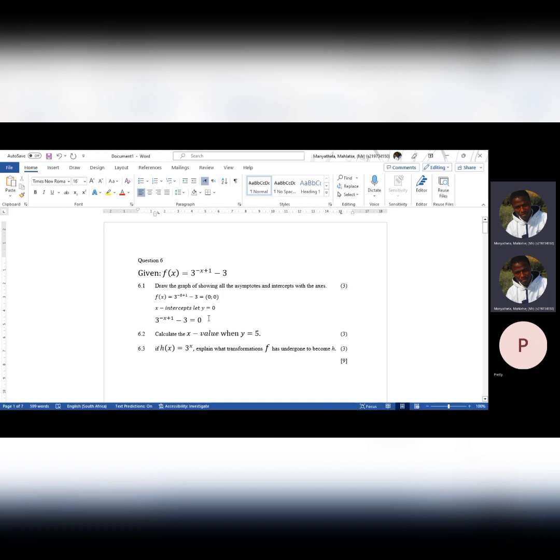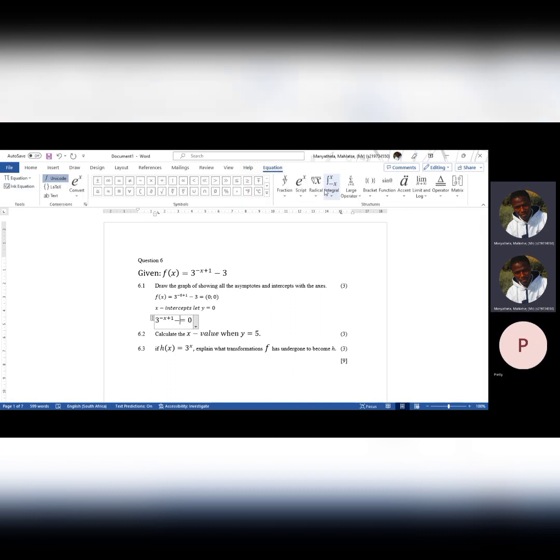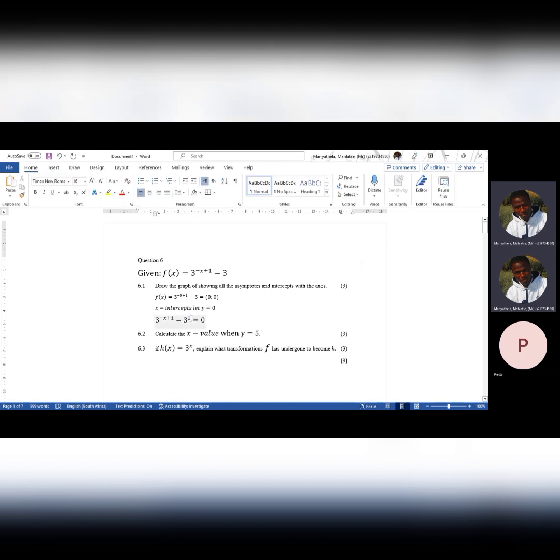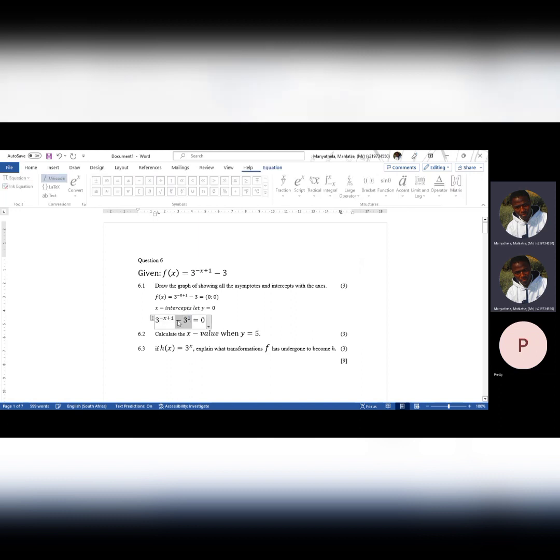So yeah, let me just edit something here. You can write it as 3 to the exponent 1. It doesn't make any difference. So the next step, we are going to transpose negative 3 to the exponent 1 to the right hand side.